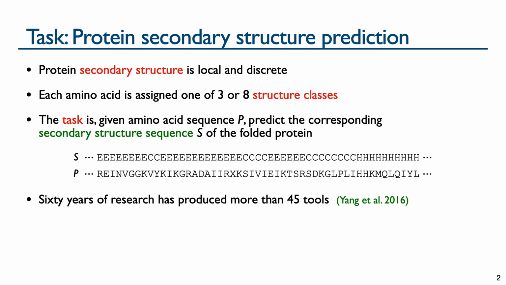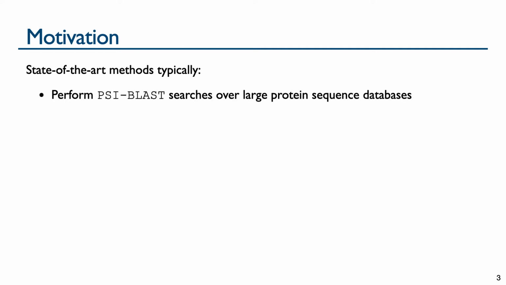This is a classic problem in bioinformatics that has been well studied, with over 45 tools being produced over 60 years. Of currently available tools, state-of-the-art methods typically perform BLAST homology search over large protein sequence databases to find homologous sequences. These databases lack protein structure, even though there is a large number of proteins with known structure.